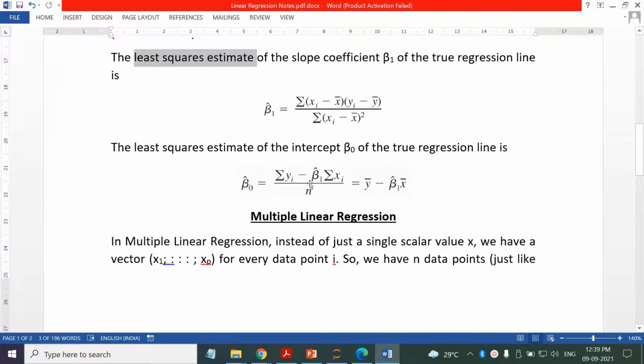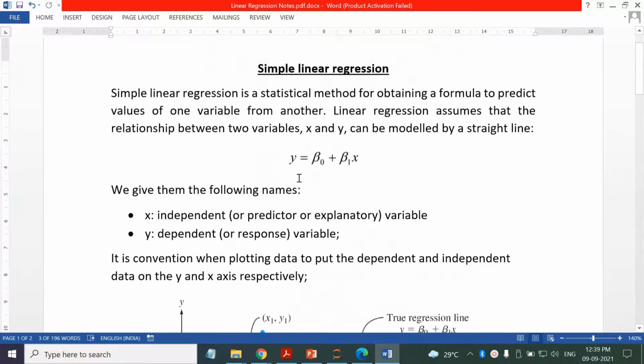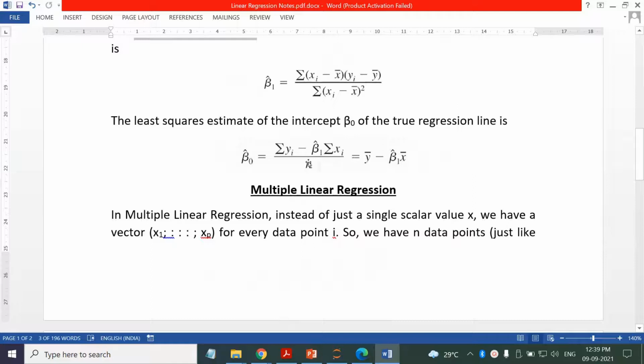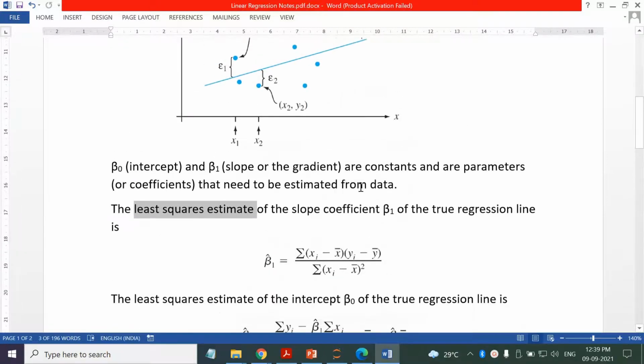It is just a simplification of this formula. We are interested in beta 0, so y minus beta 1 x would be the value of beta 0. Taking 1 by n common, this simplifies to y bar minus beta 1 cap times x bar. So this is regarding simple regression.